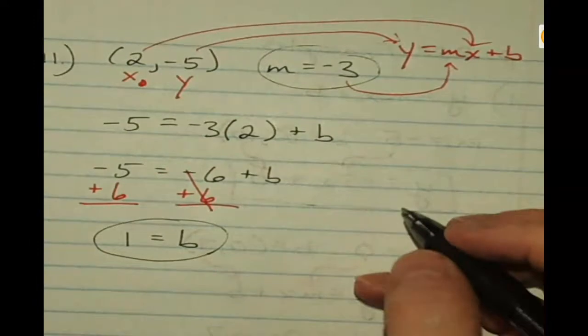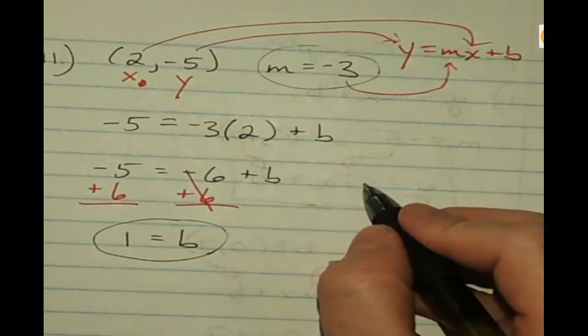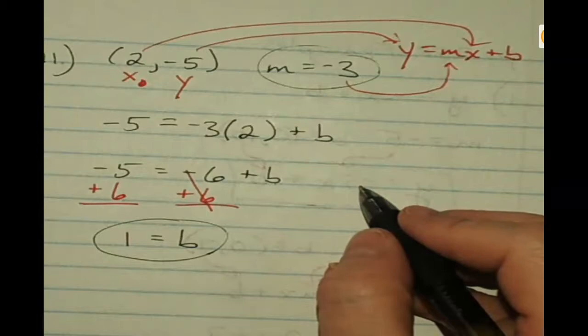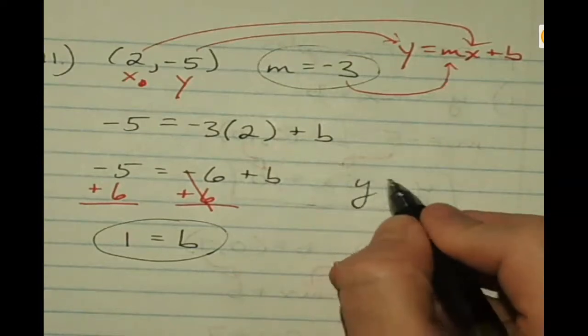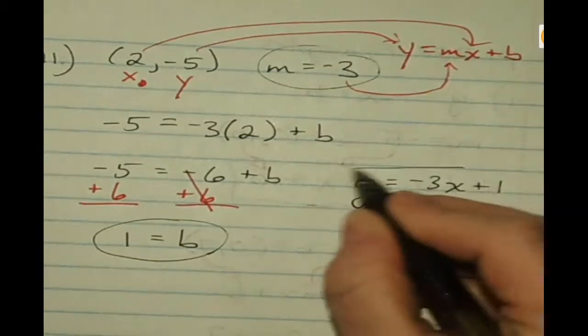So what should your final answer look like, Cecilia, once you get it written down? Y equals -3x+1. Perfecto.